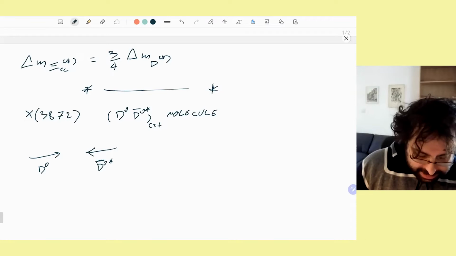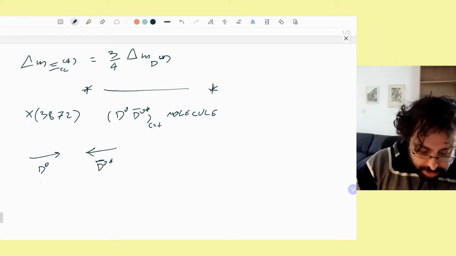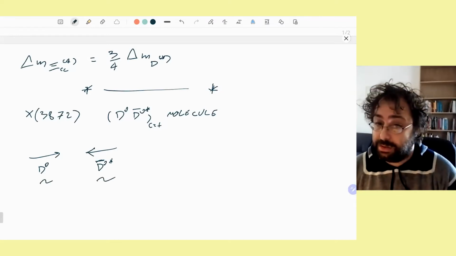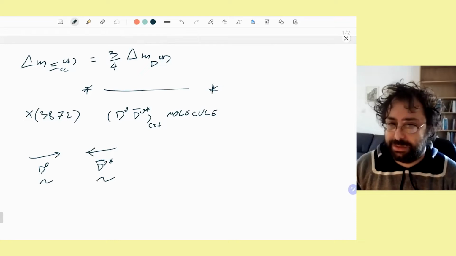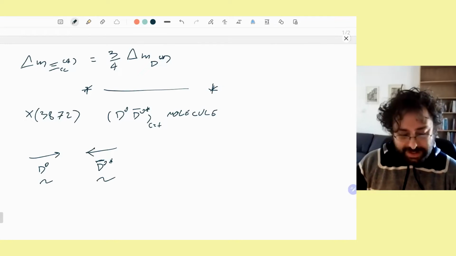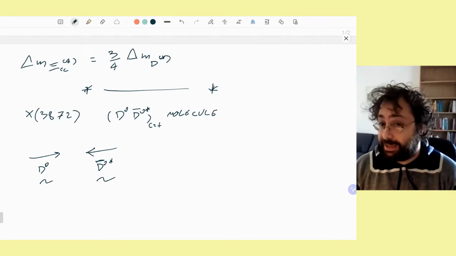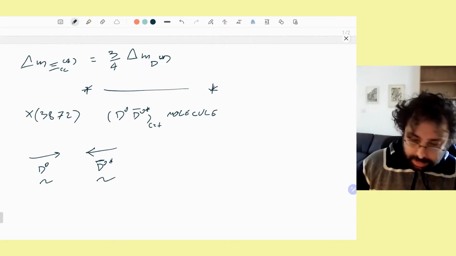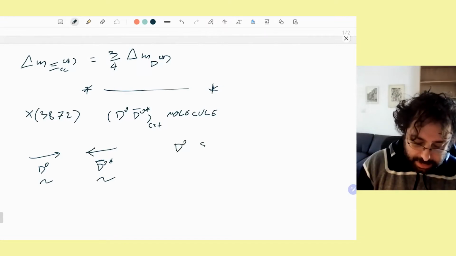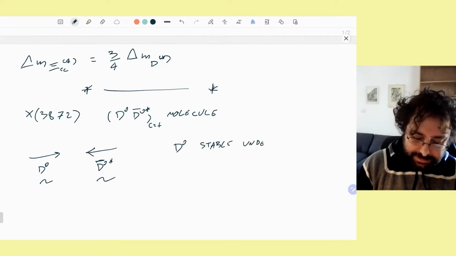Well, of course, you cannot do this because the D0 is not a stable particle. You cannot produce a beam of D0, and it's even more complicated for the D0 star. But what you can claim is, first of all, that the D0 is stable under strong interaction.